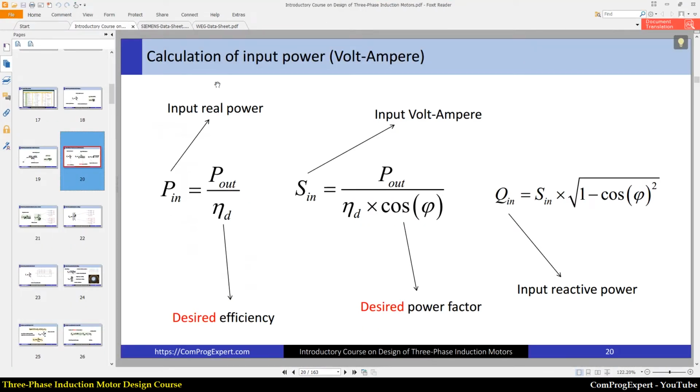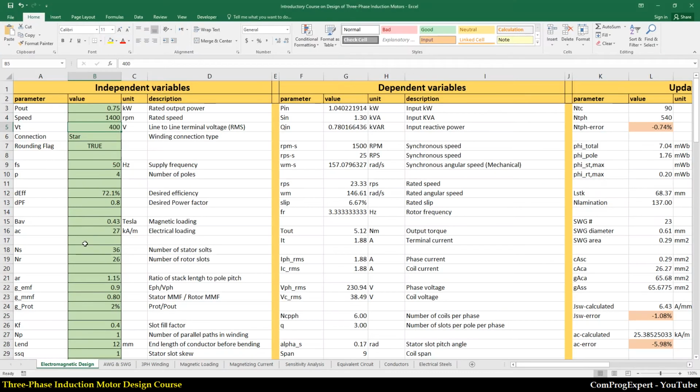So let's continue calculation of direct dependent variables. We have two parameters as we discussed in the course objective part. These parameters are here: desired efficiency and desired power factor.